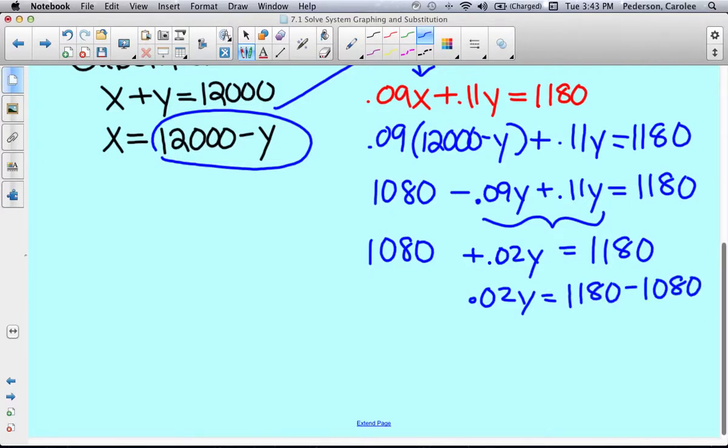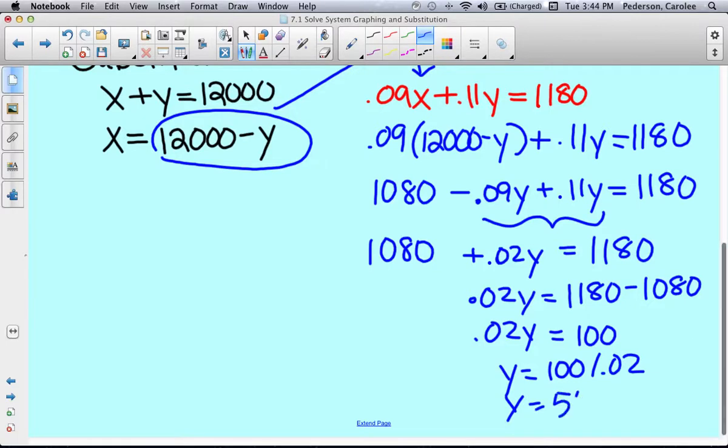So 1,180 minus 1,080 is 100. The last step is to divide both sides by 0.02. 100 divided by 0.02 is y equals 5,000.